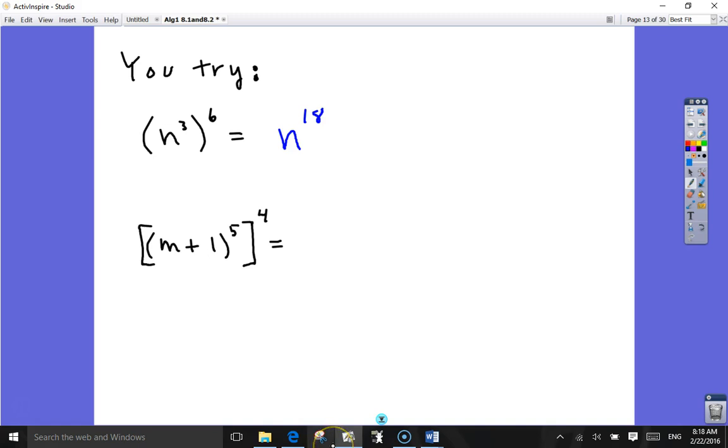How many m plus 1's are there? M plus 1 to the 5 times 4, which is 20. Right? Two properties done. No, some of them next time.